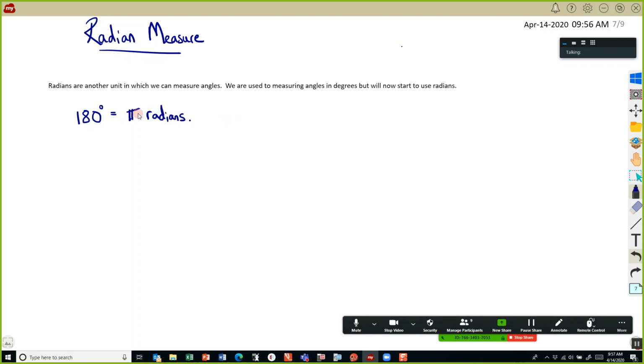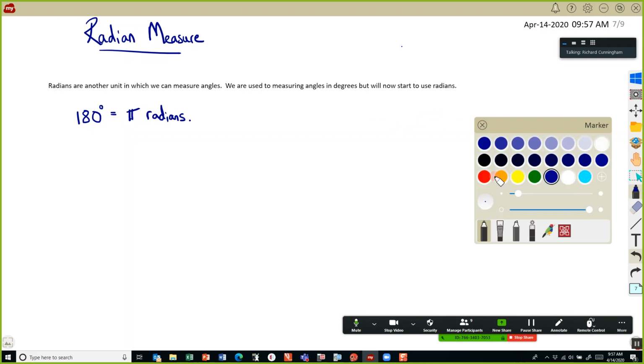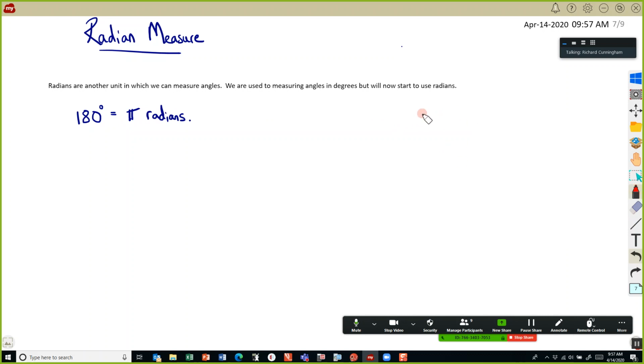Okay, what is pi again? Yeah, 3.14, and it goes on forever. So it's like saying, if I've got a 180 degree angle, it's approximately equal to 3.14 radians, okay?